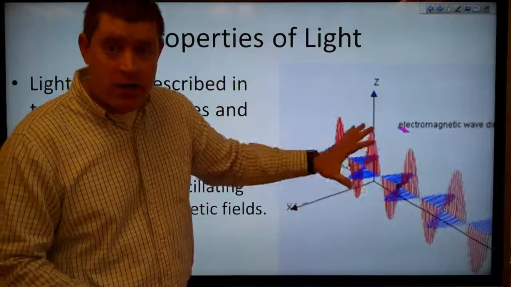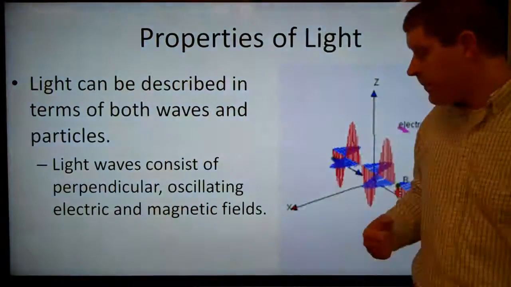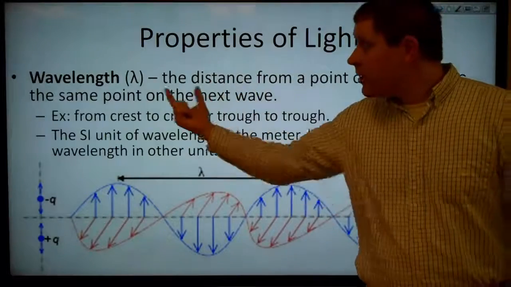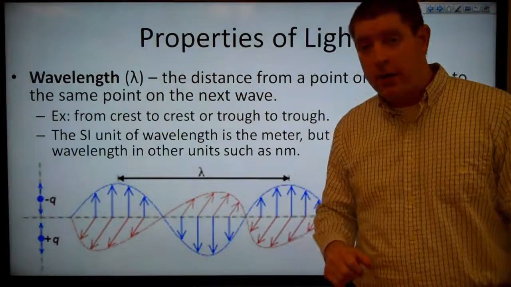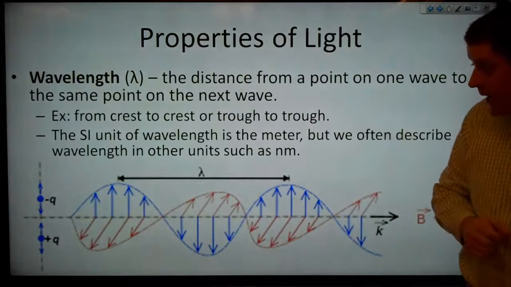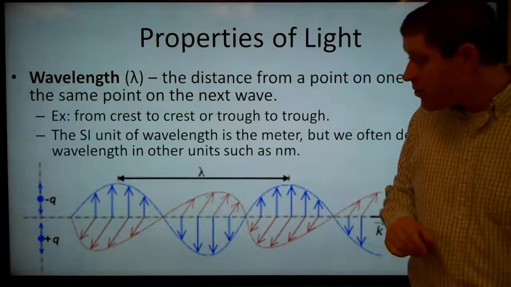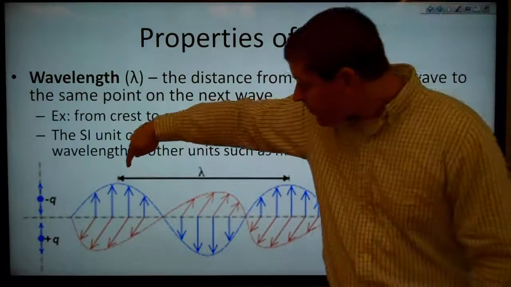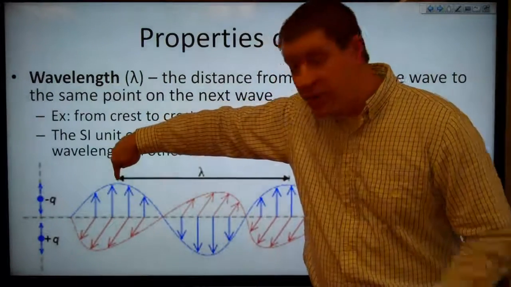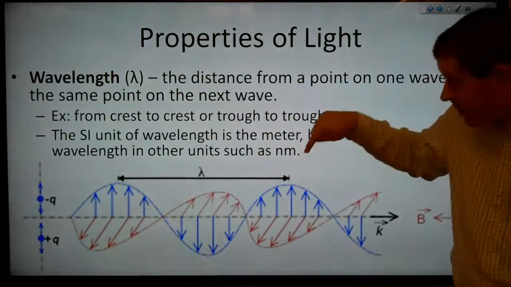So light can be treated as a wave like this, or we can treat it as a particle like a single photon. The wavelength, which we symbolize with the Greek letter lambda, is the distance from a point on one wave to the same point on the next wave. So if we freeze our electromagnetic wave for a moment, and we go from some point, let's pick the peak, to the same point on the next wave, so the peak over here.